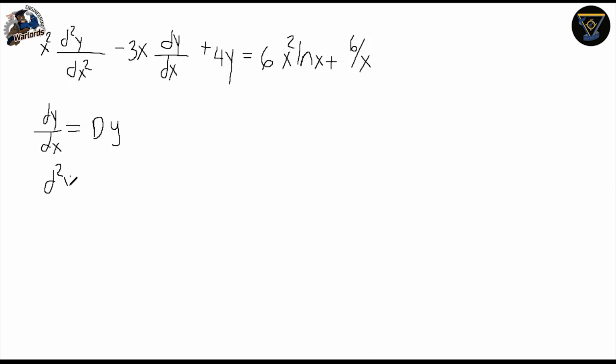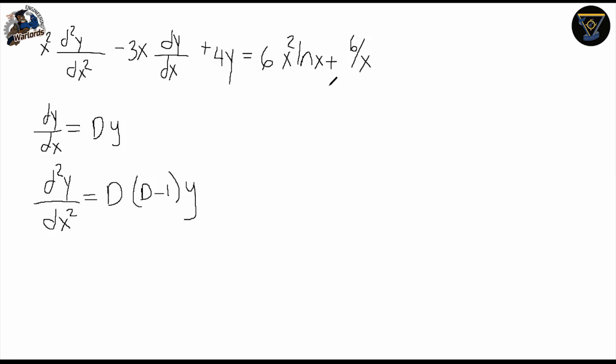That means d squared y over dx squared is equal to D, open bracket, D minus 1, y. These are all set equations. So that's the first thing you should always do. It will never change. Anytime you're solving a Cauchy-Euler, this is what you should do first, right?